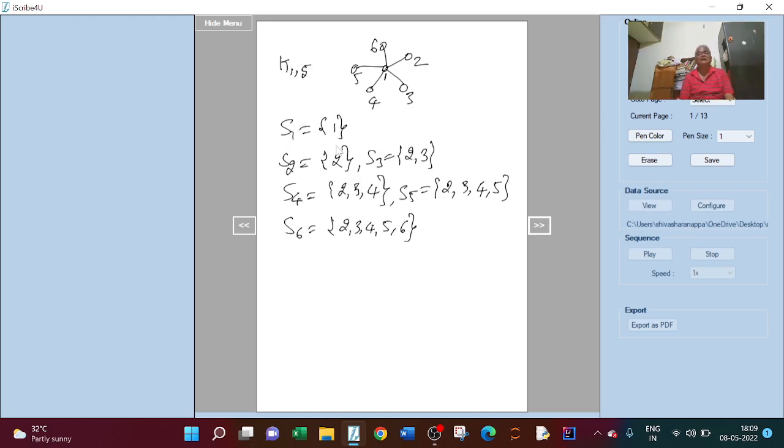So in this case, S1 and S6 are maximal independent sets, and S2, S3, S4, S5 are just independent sets. So this is about the independent set and the maximal independent sets. Okay, thank you. I will stop here.